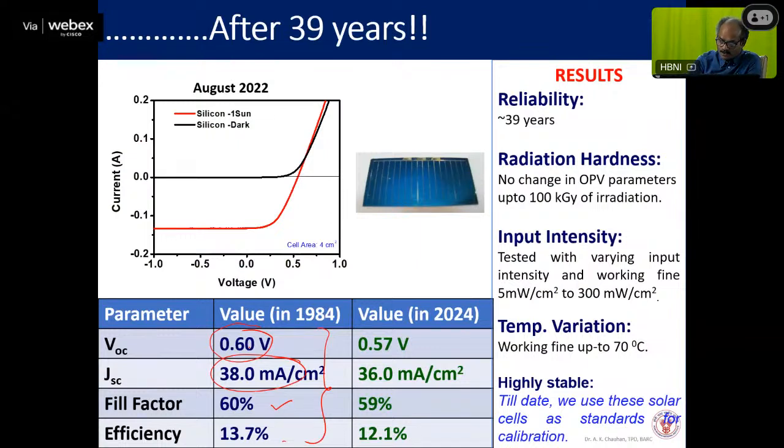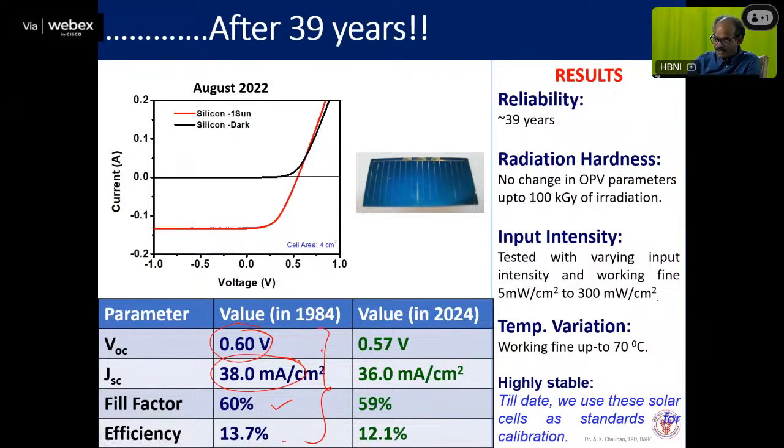So these are the solar cells which were actually developed. It is not that it is always 0.6 for all. It may be 0.59, but the variation was very little. So I have taken the standard or average one.